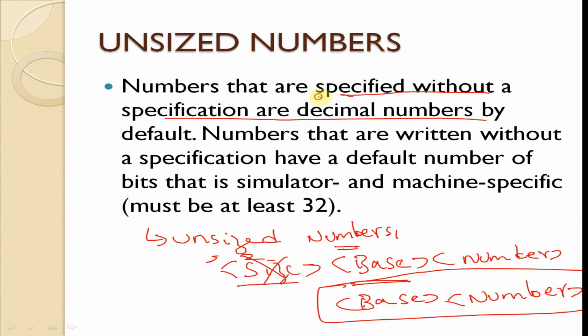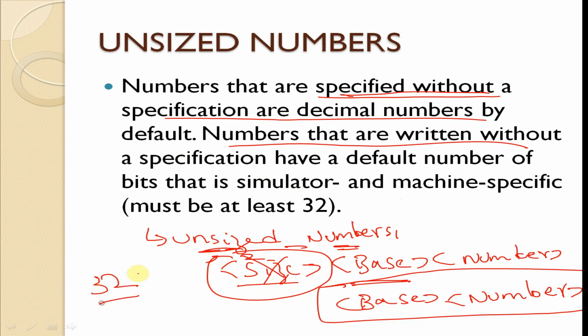The numbers that are written without a specification have a default number of bits, that is simulator and machine specific. For example, if we have not mentioned any size, then it is an unsized number. By default, according to the simulator, it will allocate a size of 32-bit, or it depends upon the simulator.